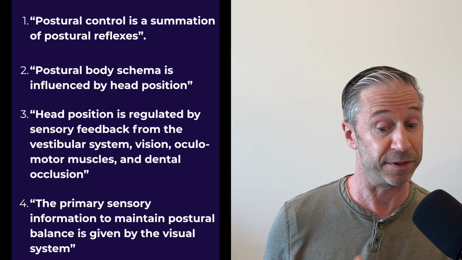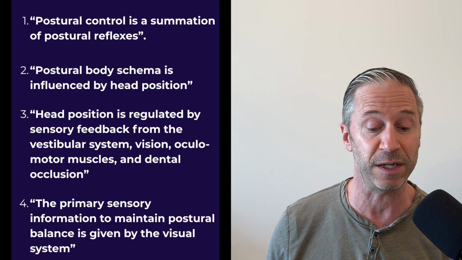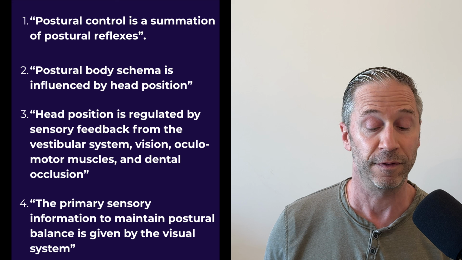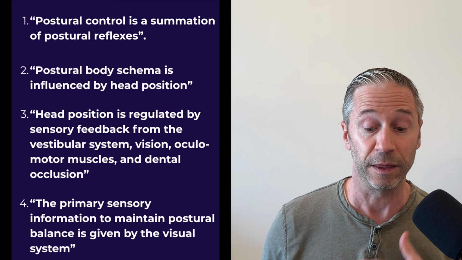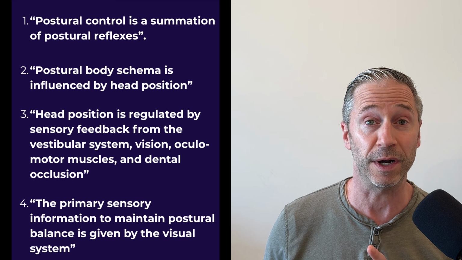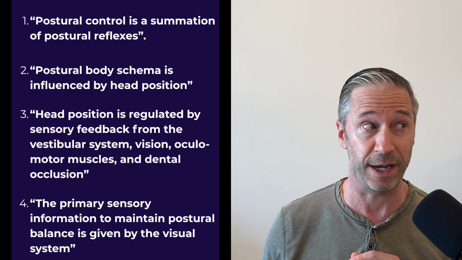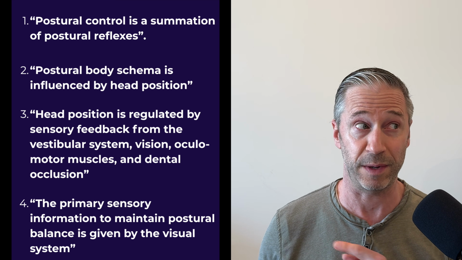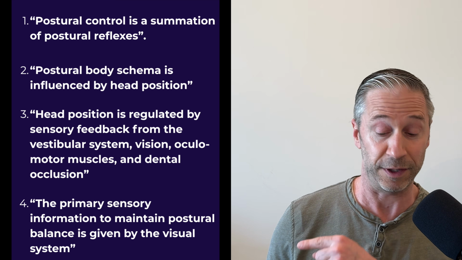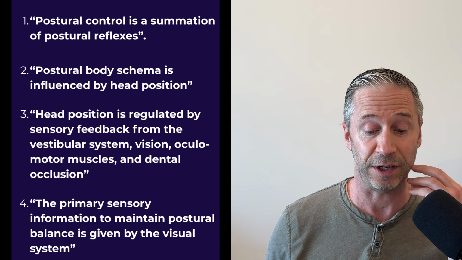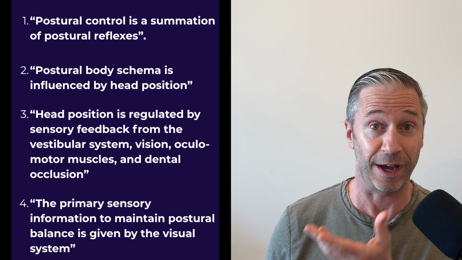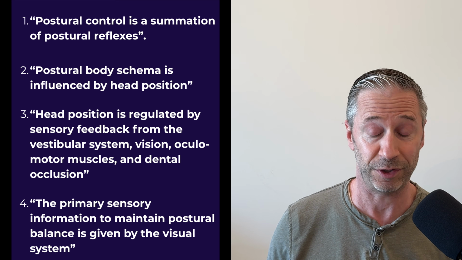And head position is determined or regulated by the sensory feedback from the vestibular system, the inner ear, vision, the ocular motor muscles, so the muscles that move my eyes. If I move my eyes left, my body moves right, and vice versa. And dental occlusion, how your teeth touch, and I would include jaw position, obviously, as you're going to see in the video that I show.